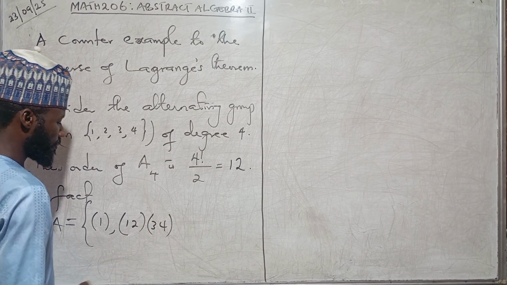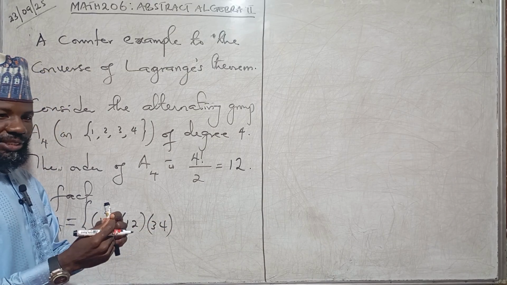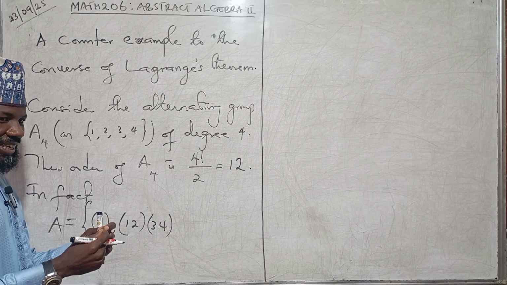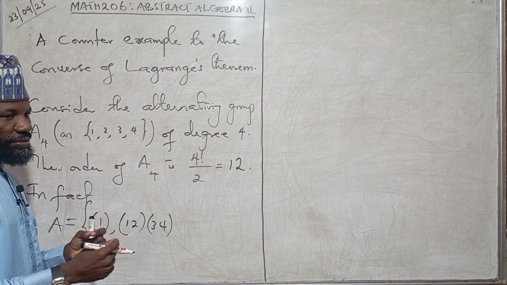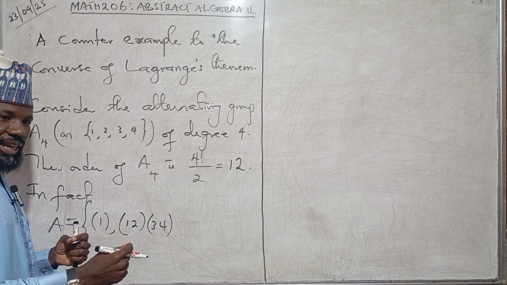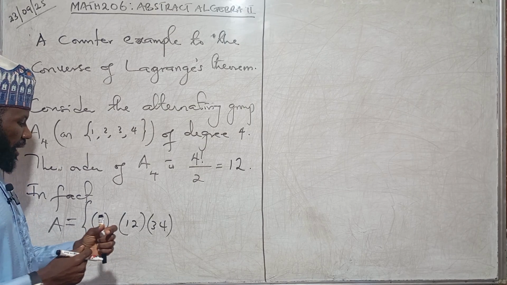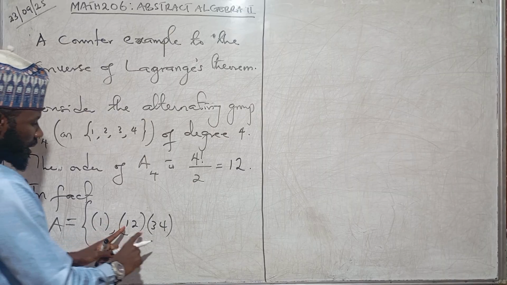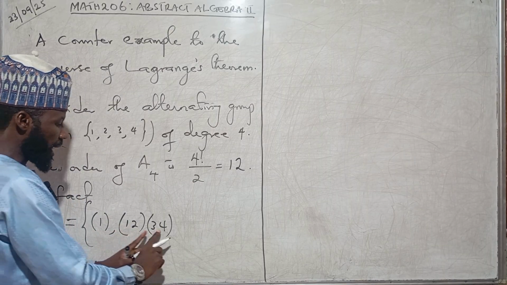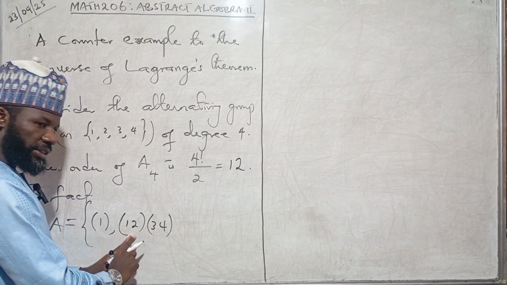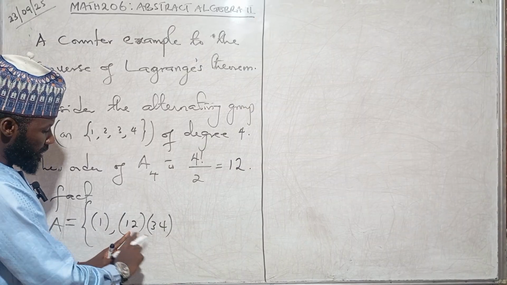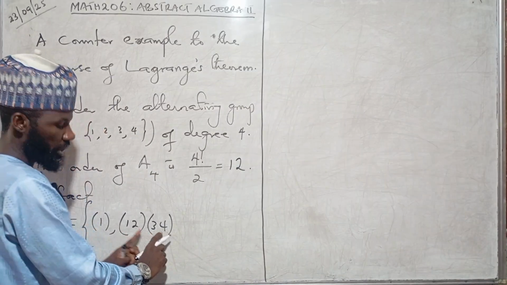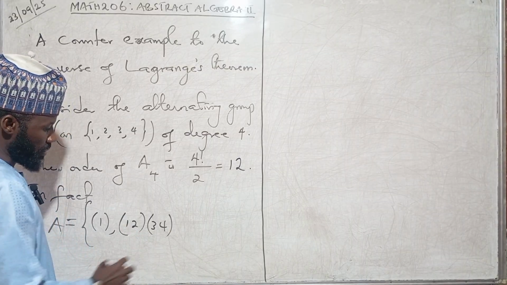If you take a transposition, it is not an even permutation because it is a cycle of even length. A cycle of even length is an odd permutation, and a cycle of odd length is an even permutation. If you compose two odd permutations, you get an even permutation.